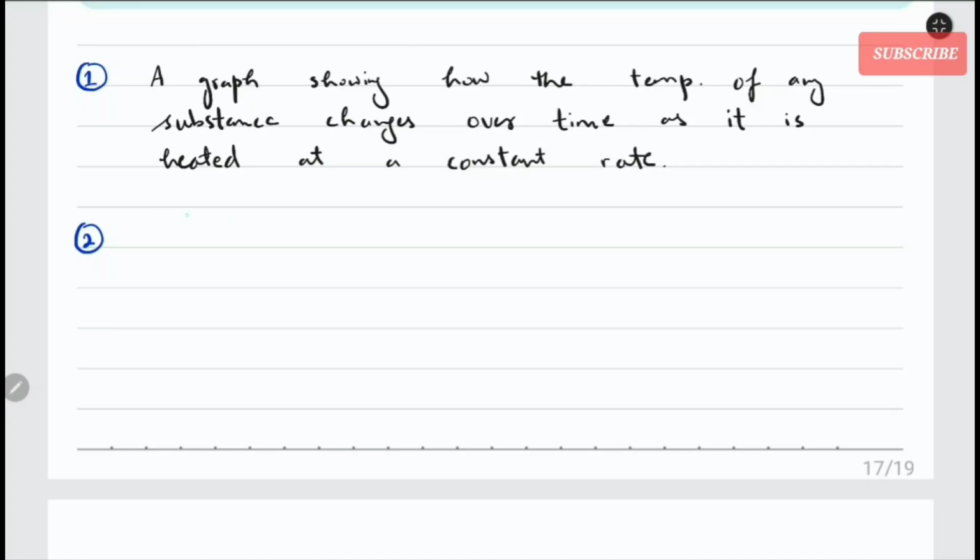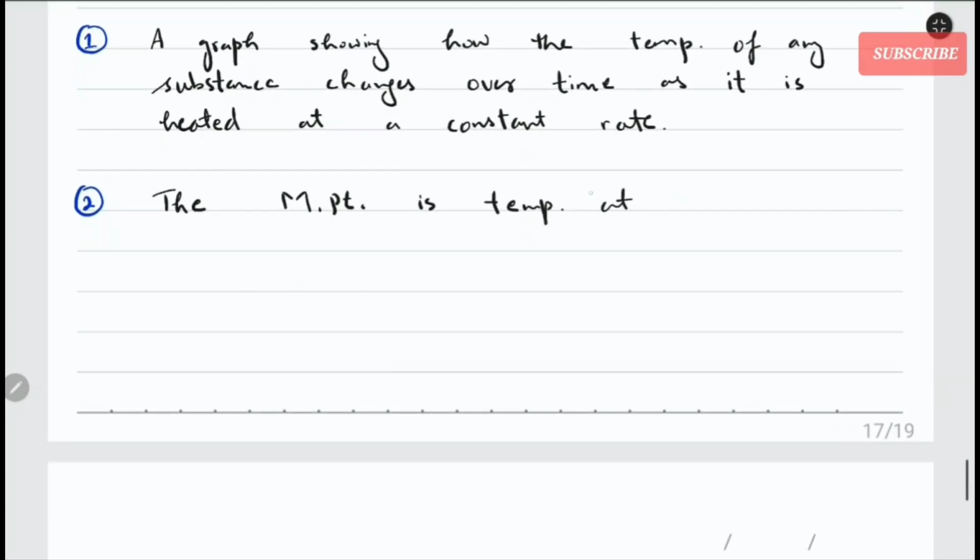So the melting point, I'm using the short form MPT. Melting point is the temperature at the first flat or horizontal section of the heating curve.